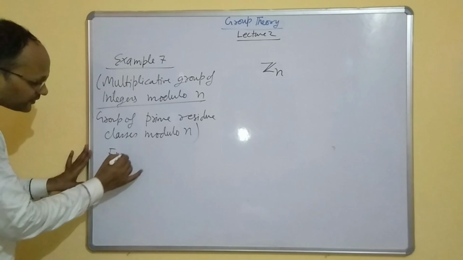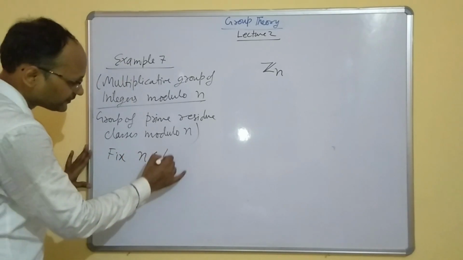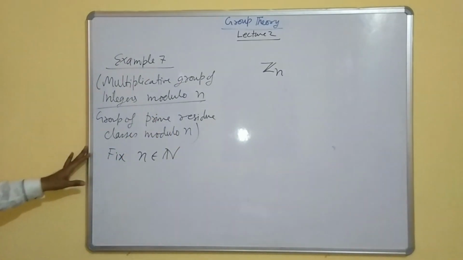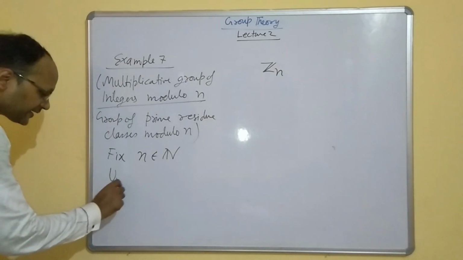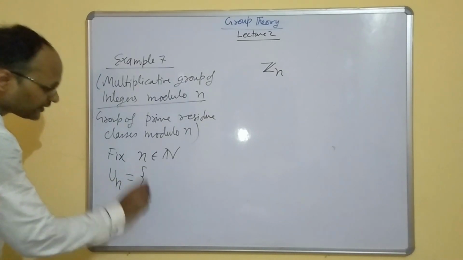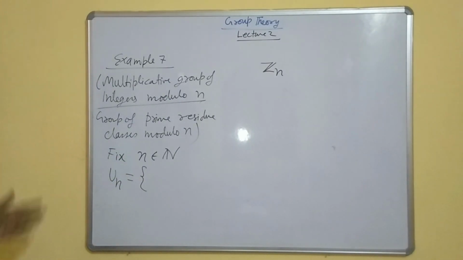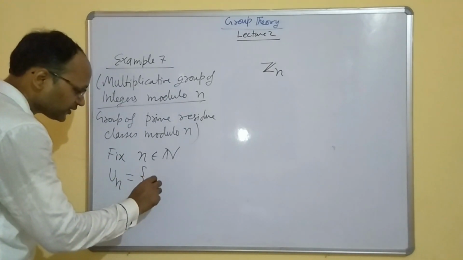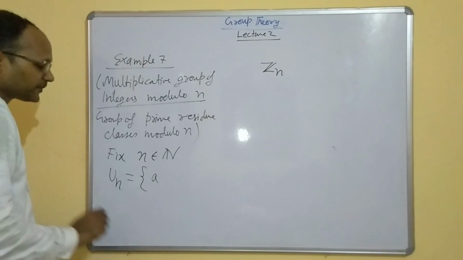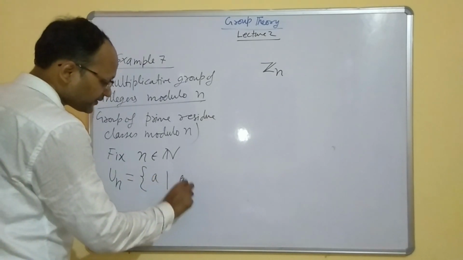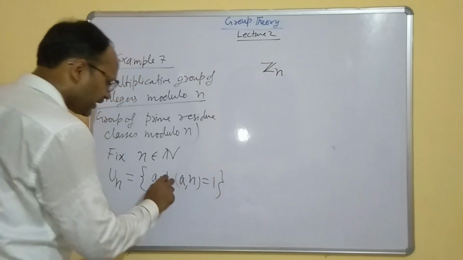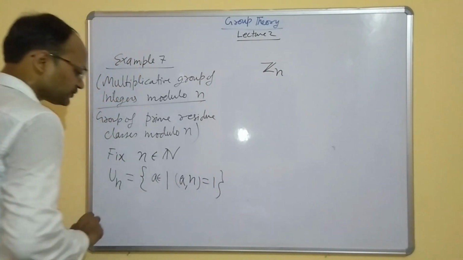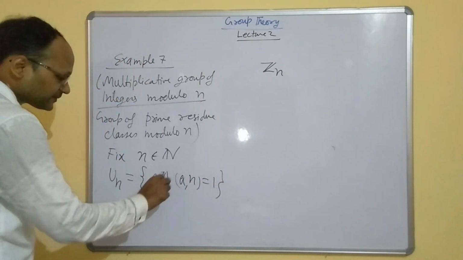So let us introduce it. First fix n, a natural number, and this set is denoted as Un, and it consists of those a such that a and n have GCD 1 and a belongs to Zn.